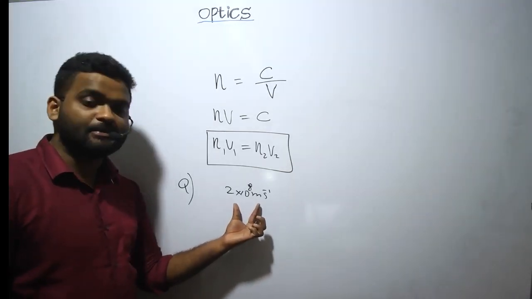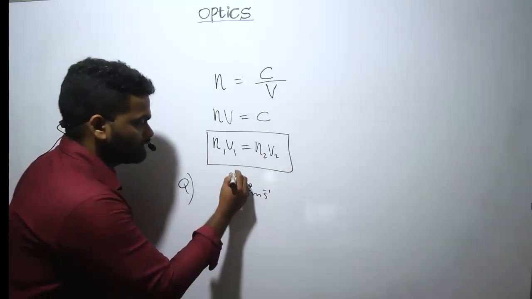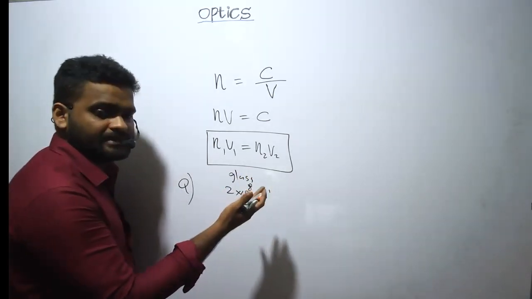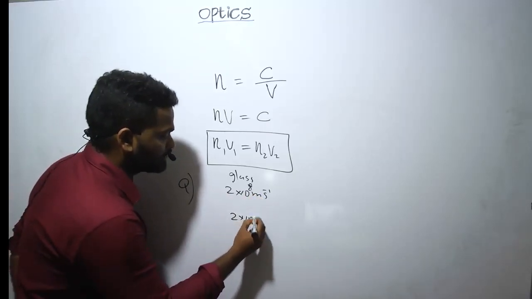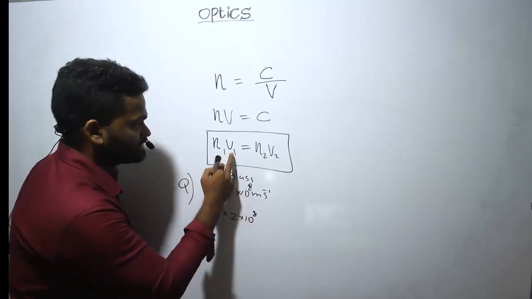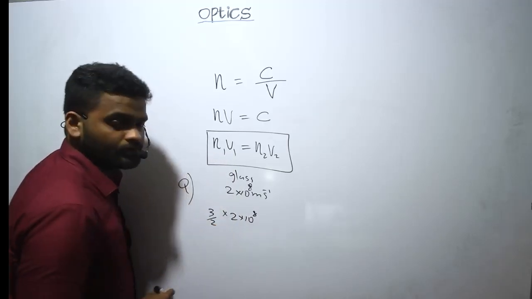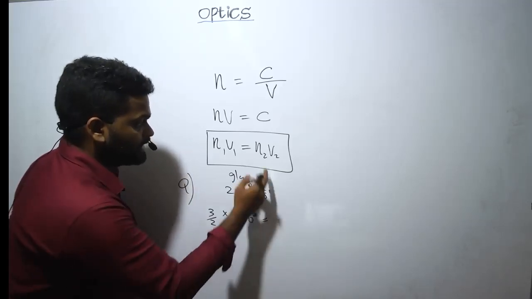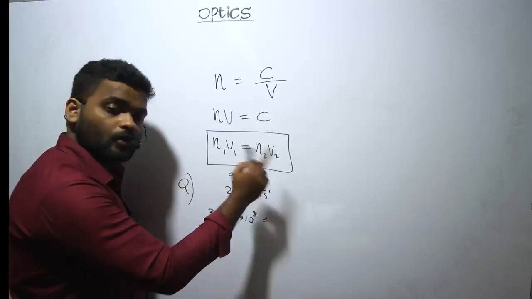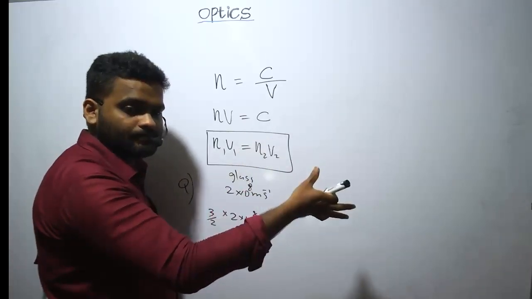So this is in medium 1, glass, right? Or it could be medium 2, it doesn't matter. So for the glass, 2 times 10 to the power 8, that is V1. N1 for glass, what is that? 3 over 2, right? For the glass, equals, for the water, so that product is equal to this product in water.